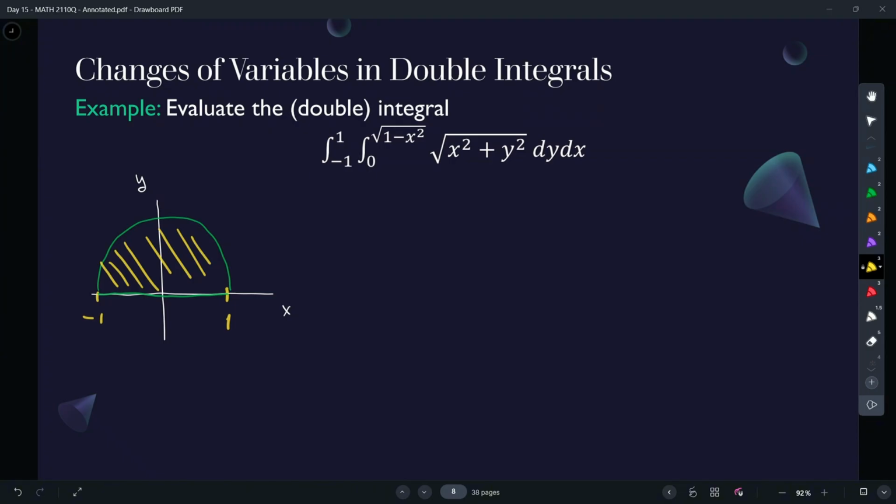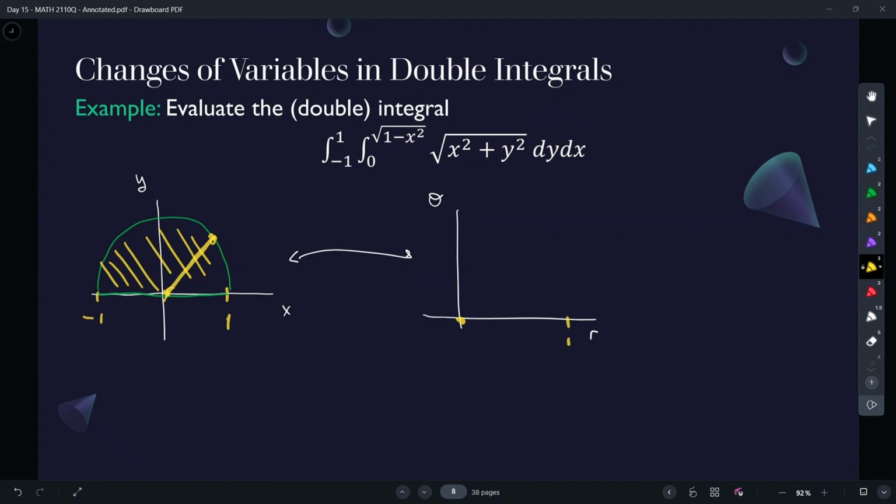And then I'm going to change it to polar coordinates. But when I go to polar, what is going to be the region in r and theta that I'm going to integrate over? So r goes from 0 up to 1, because I can go anywhere here from 0 up to 1.